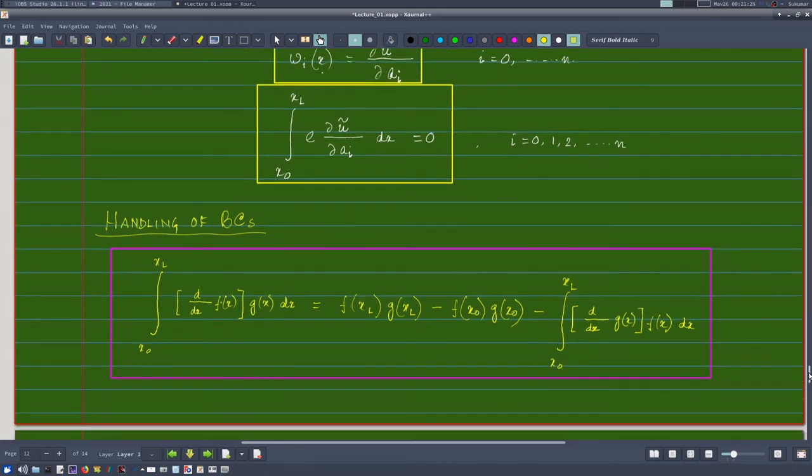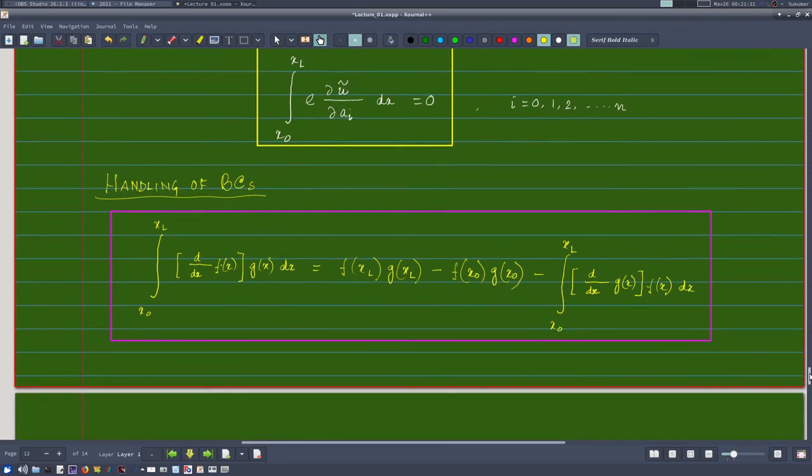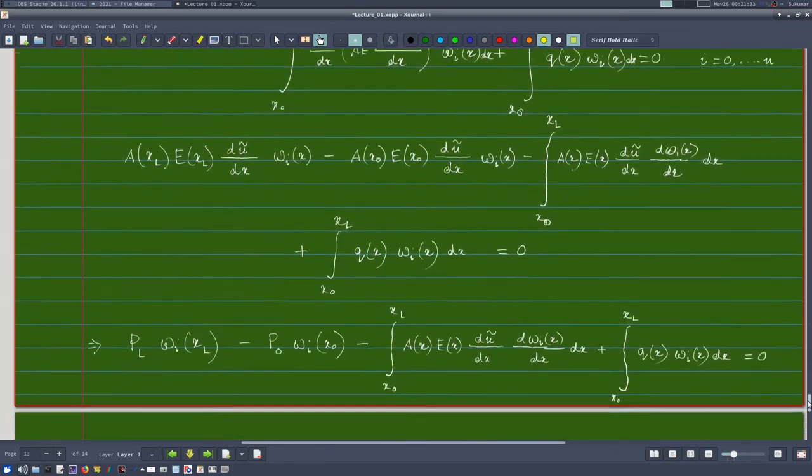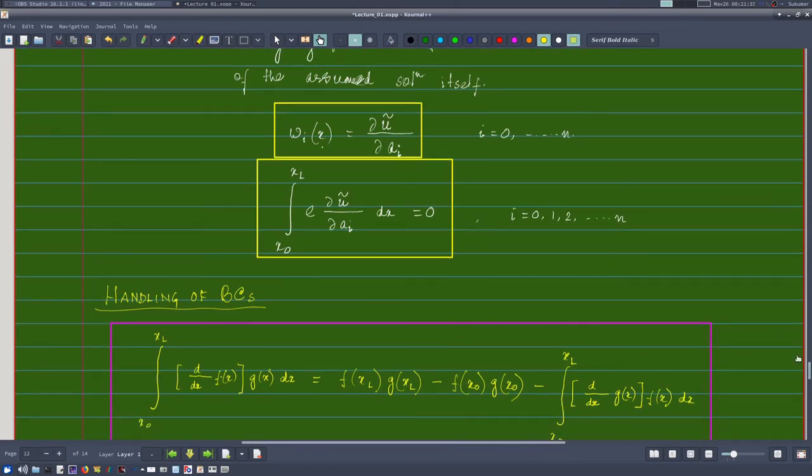Is not it? Otherwise, my essential boundary conditions will not be fulfilled. Since essential boundary conditions are some constant values, their partial derivative will be 0 at those points. And therefore the values of weighing functions at the location of essential boundary conditions must be 0.